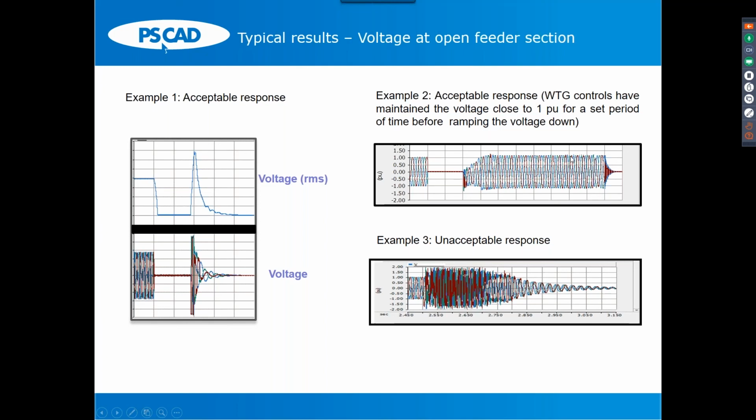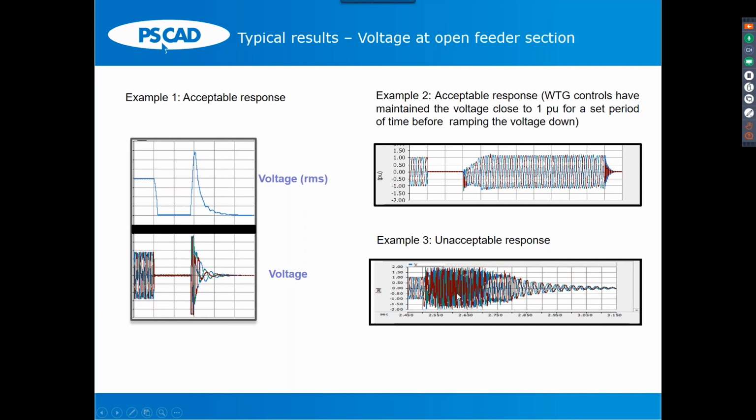The protection has not ramped down the voltage. It has waited for about, from here to here, 250 or 300 milliseconds. After 300 milliseconds, the protection has decided that something is wrong, the feeder is isolated, and the protection has acted to ramp down the voltage. So this is also maybe acceptable.